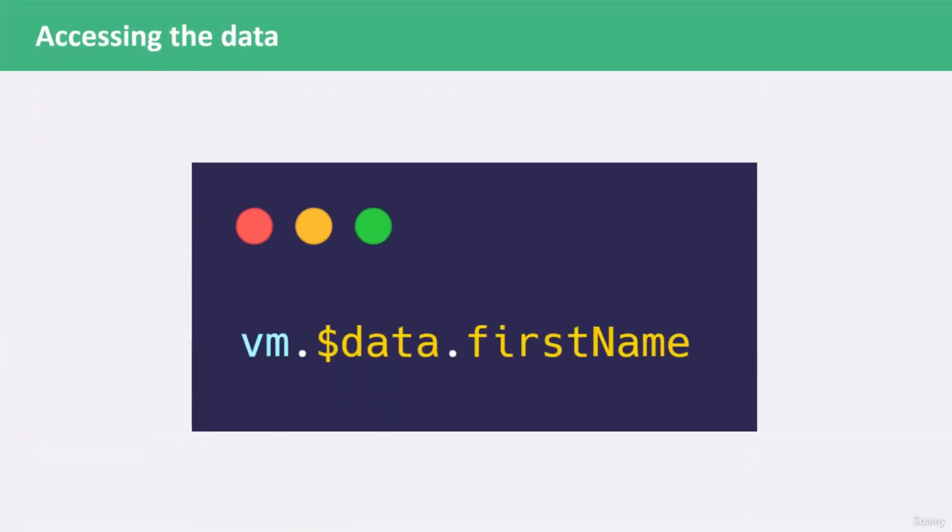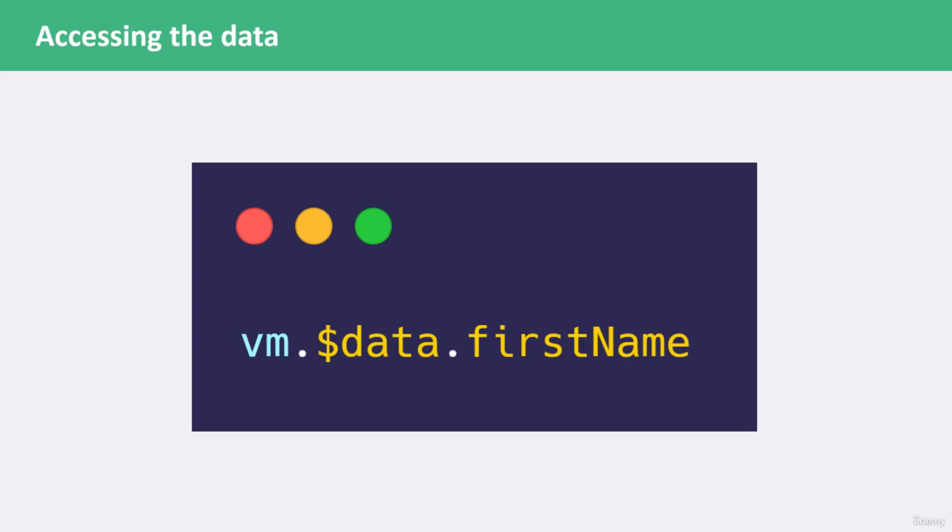When Vue is initialized, it'll store your data in a property called $data. Therefore, to get the first name, we can use the following: vm.$data.firstname. This line will return the first name from the data object. The problem with this approach is that we have to type quite a bit of code to get the data. It isn't that annoying, but it can be simplified.